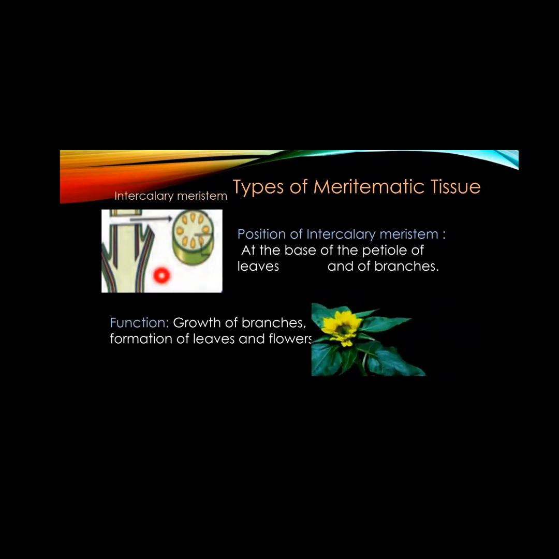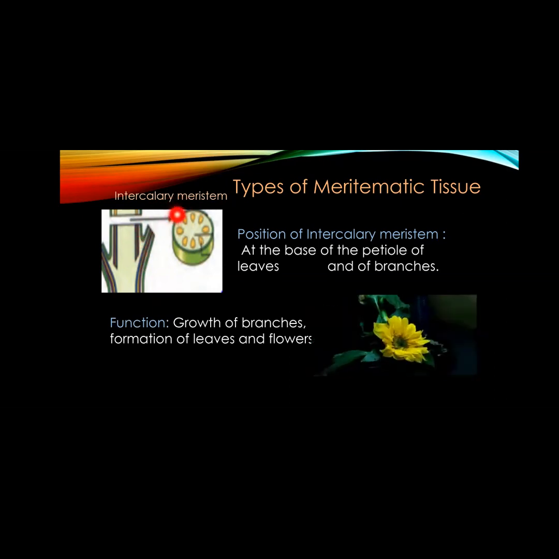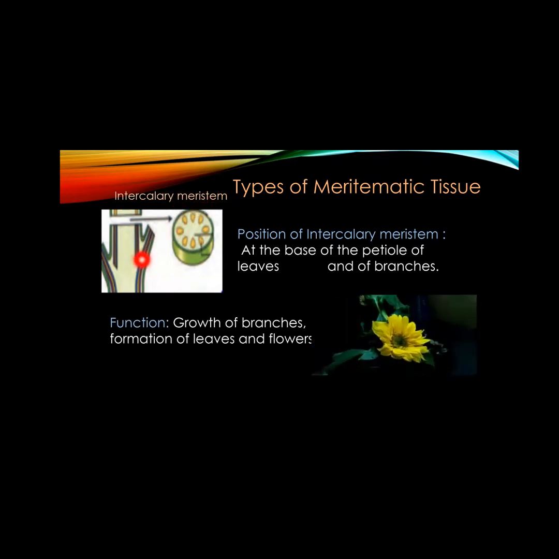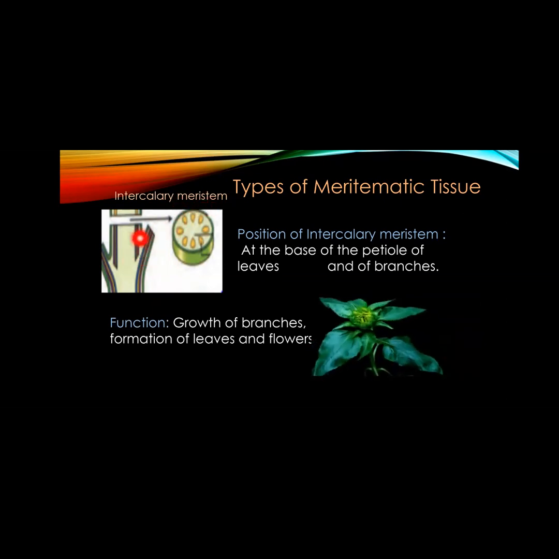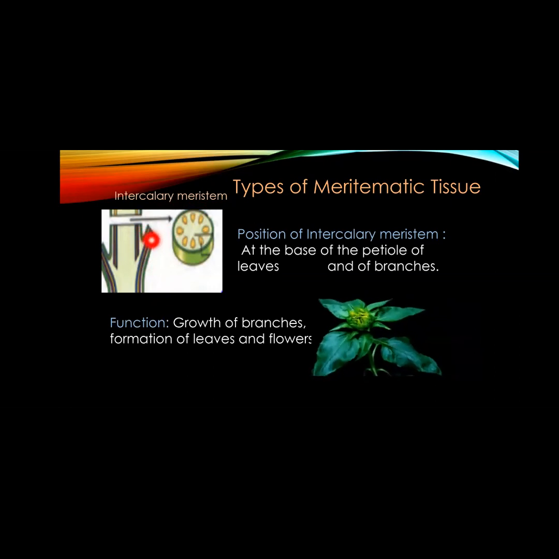Okay, now see, we know that the stem grows from the nodal region. New leaves develop at the nodal region at the tip of the plant. So that growth of stem or formation of new stem is because of the intercalary meristem.